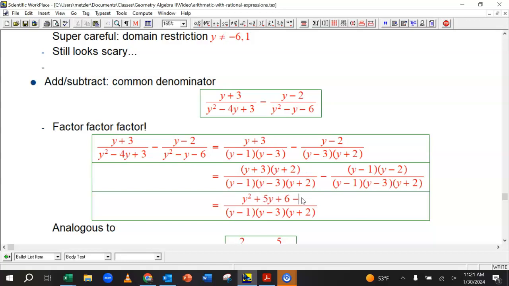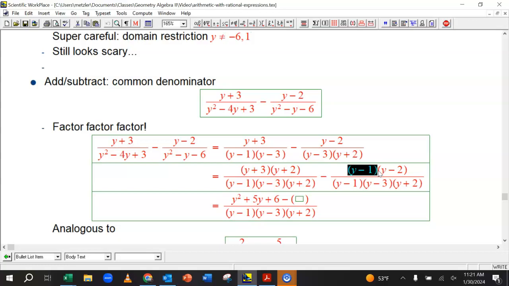Okay, minus, and now here's a really easy thing to get wrong. This whole thing is going to be in a minus sign, so I need some really crucial parentheses. Whatever this thing is, whether it's one term or two multiplied or anything, I want to put parentheses here, because that minus sign is going to need to distribute across this whole thing.